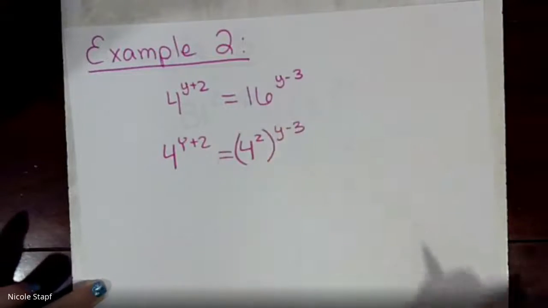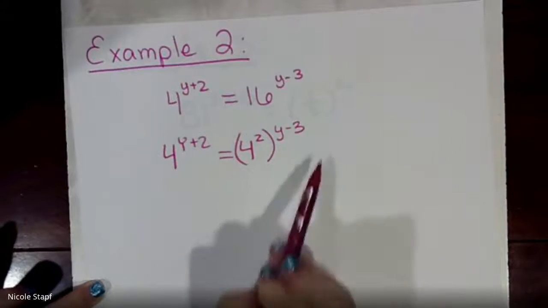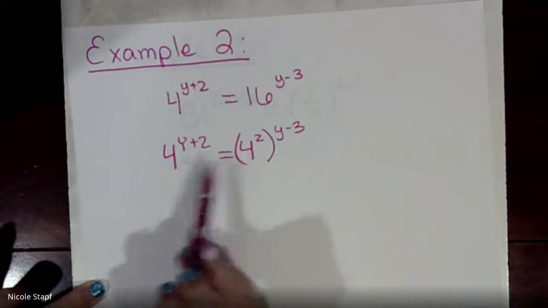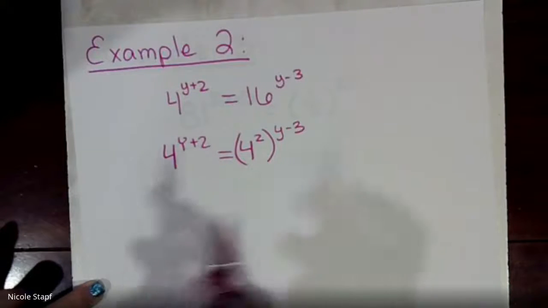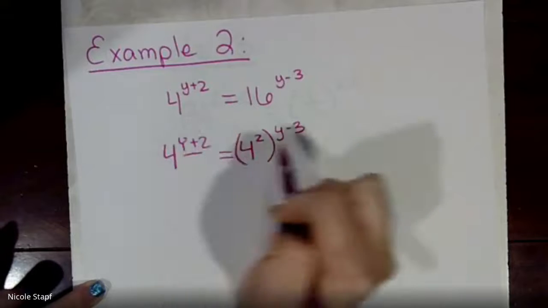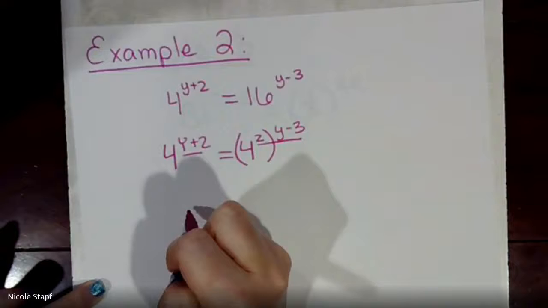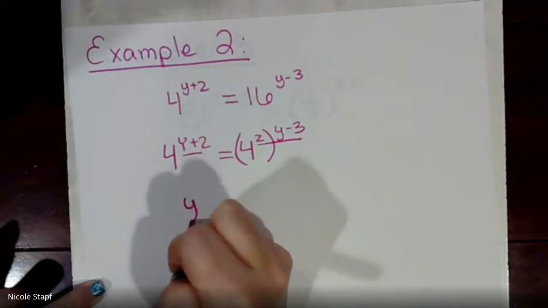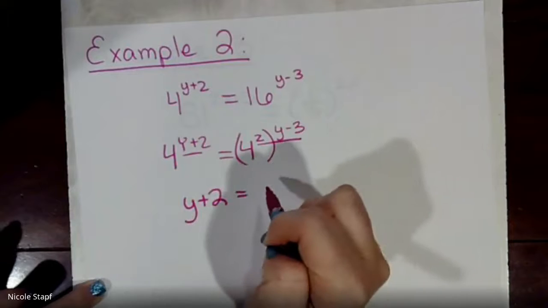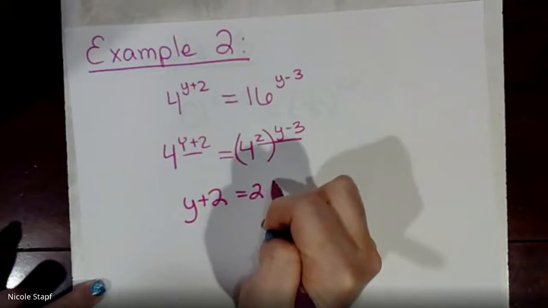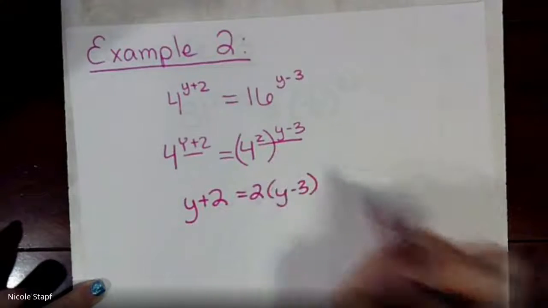Now, I've rewritten this equation so that my bases now match. Now that I've done this, I can carry on to step 3, where I take my exponents and set them equal to each other. So I'm going to rewrite this as y plus 2 equals 2 times y minus 3 now.